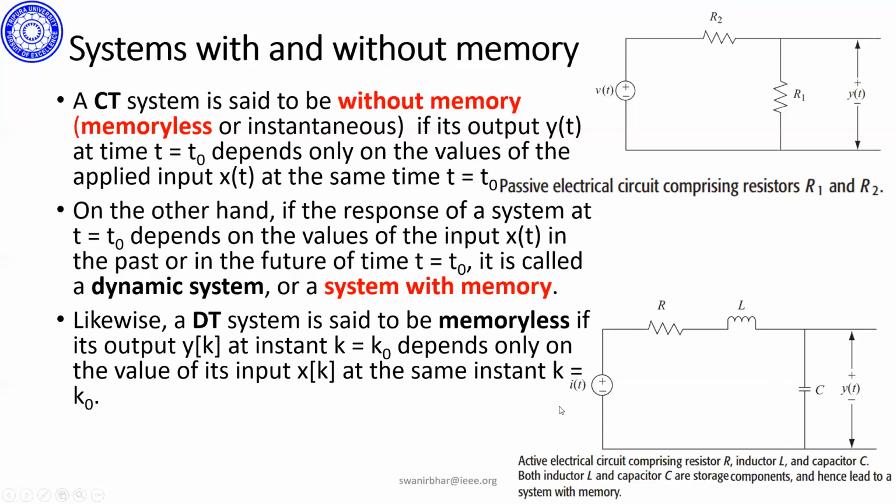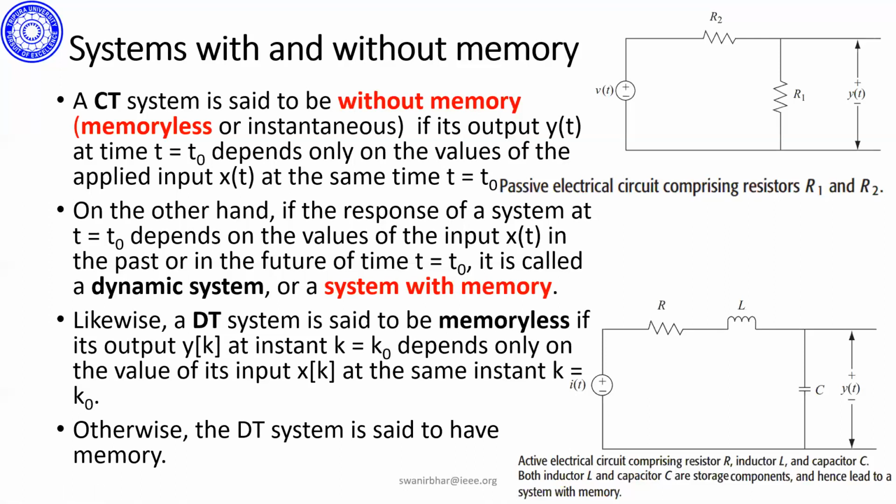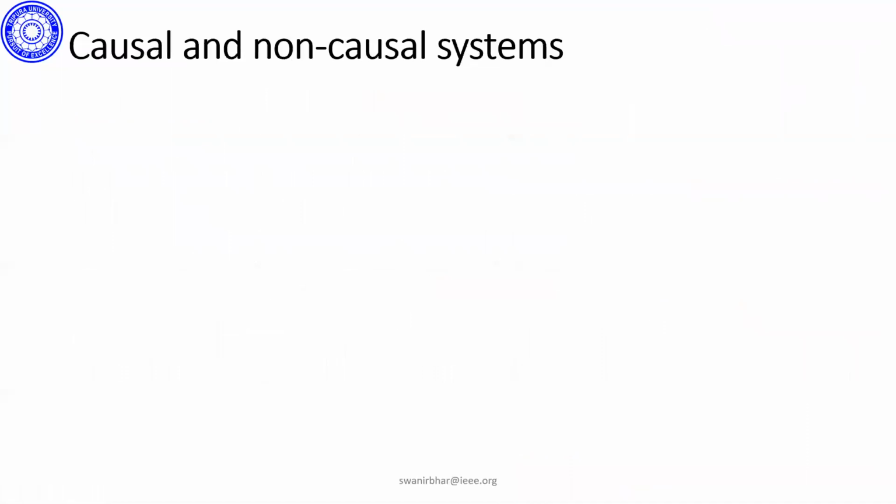Now, if it changes, it is dynamic, meaning it changes with respect to time, or it is a time varying system. Normally, most time varying systems are with memory, and the static systems are without memory. Otherwise, they are said to have memory.